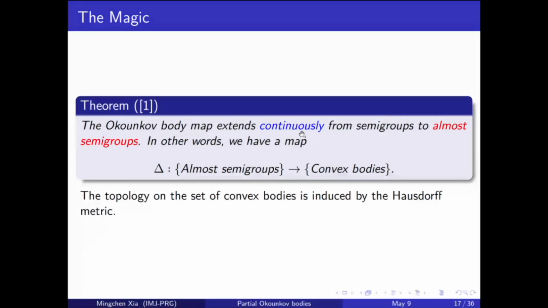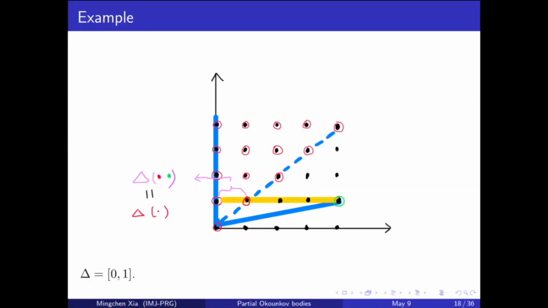Okay, now we can begin to put the 2 magics together. Before talking about further information, let me give you an example about this extension of the Okounkov body to almost semigroups. Let's still consider the example on the previous page. We consider the red points plus the green point.